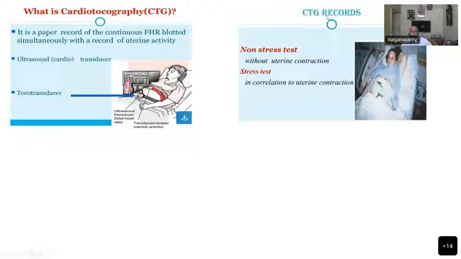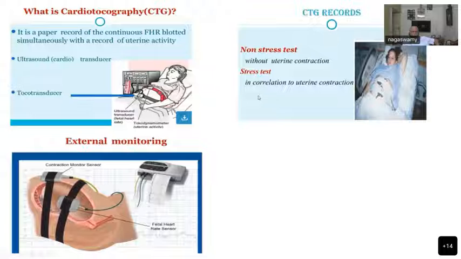And based on that only, we get the non-stress test and stress test. When there is no uterine contraction and you measure the heart rate, it's called the non-stress test. But in correlation with the uterine contraction, if you measure the heart rate, it is called the stress test. And these are all external, non-invasive methods of monitoring.